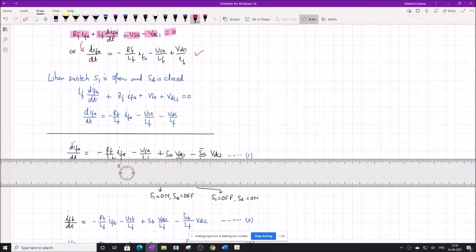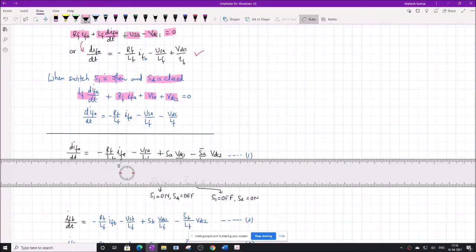Now consider the other situation, when S1 is open or S1 is off and S4 is closed. This is a complementary mode of the previous one. In that case, the drop across inductance and resistance remains same and drop across VSA is same, but this time we experience the voltage drop of VDC2.